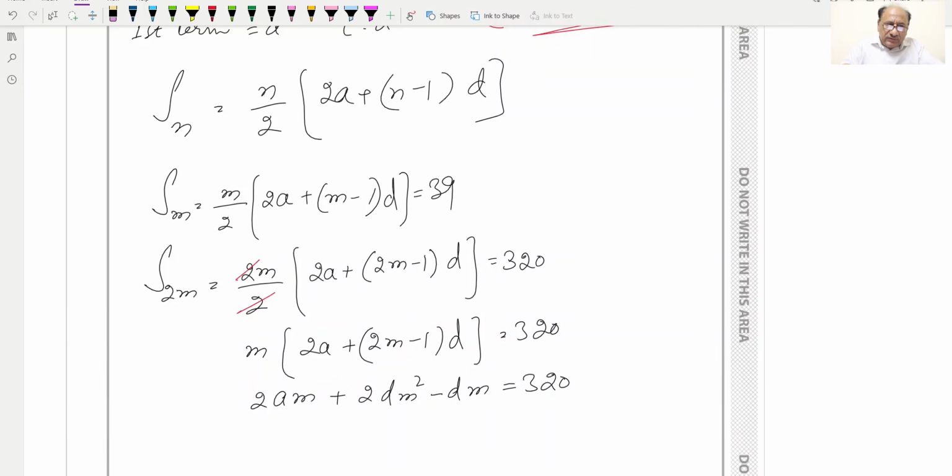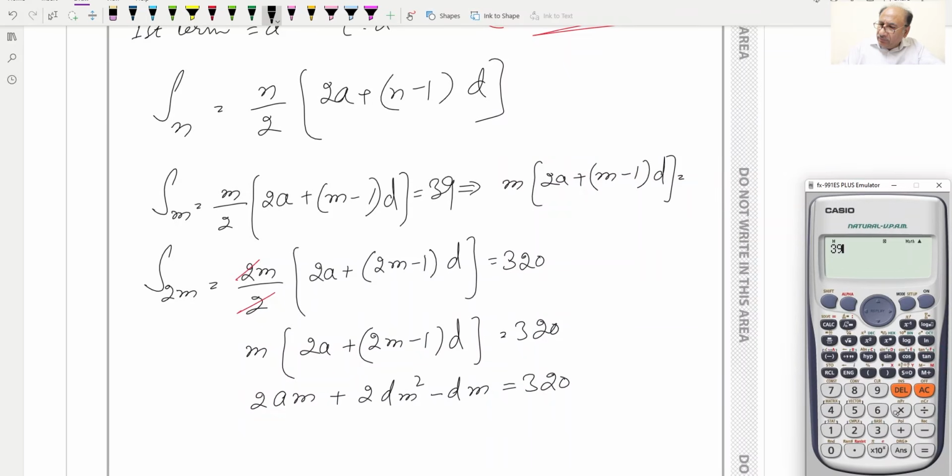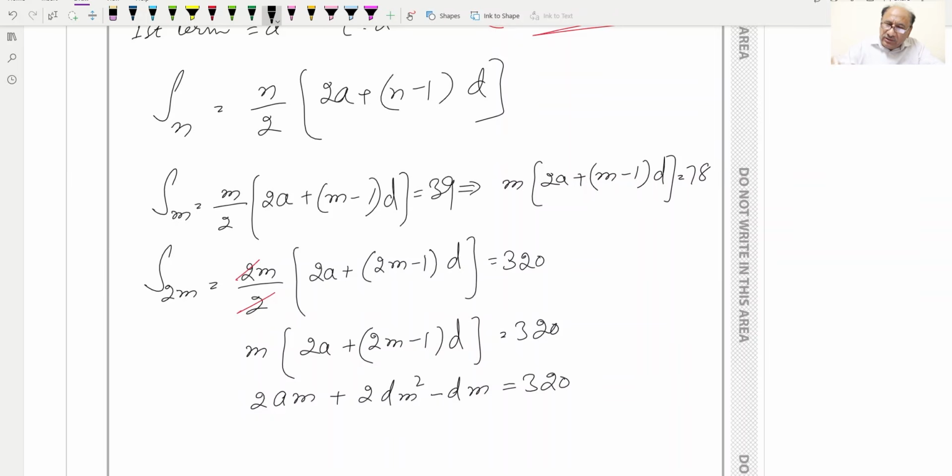Now similarly we can multiply the other equation as well. This is equation 1, and if we multiply the other equation by 2, we will get m into 2a plus m minus 1 into d, and this will be equal to 39 multiplied by 2, which is 78.